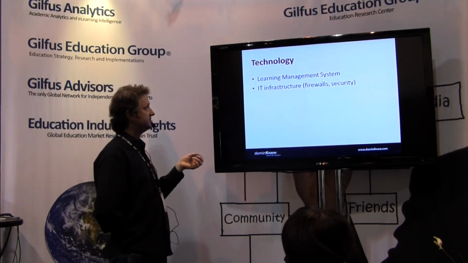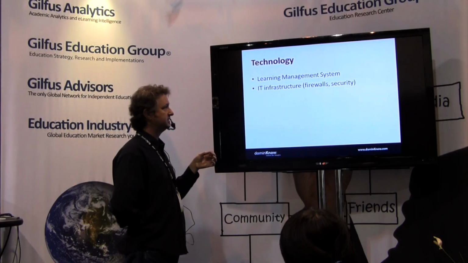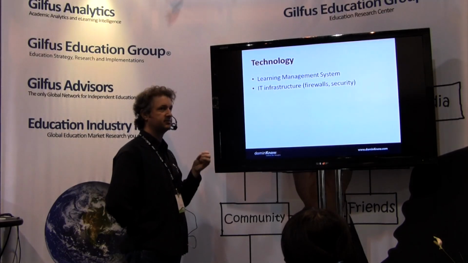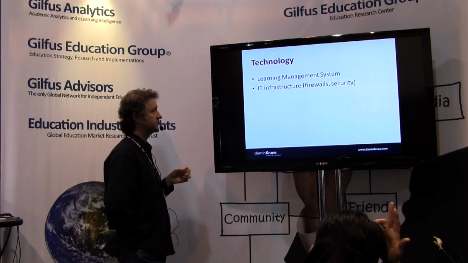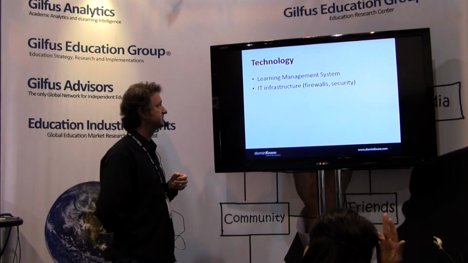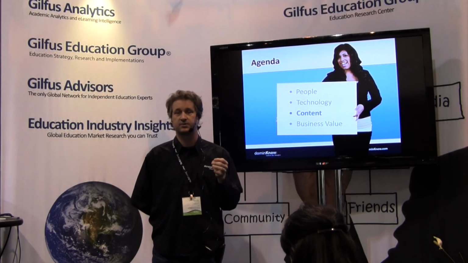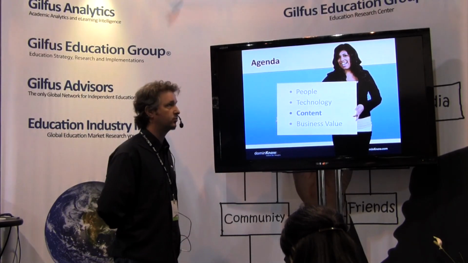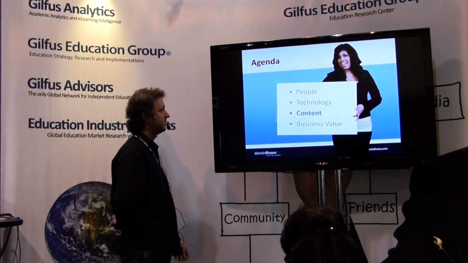And do you have any IT infrastructure issues, like firewalls or security issues, that may get in the way of people accessing content, or may cause concerns for you, or even the very nature of your content? Does it have to have a certain level of security attached to it? Those are all important things to think about beyond just the devices themselves when planning out our mLearning programs and getting things underway.